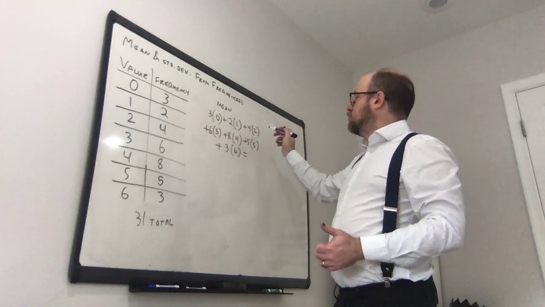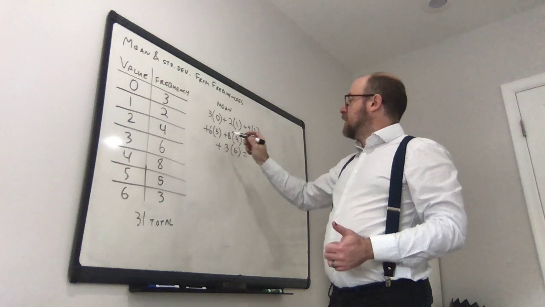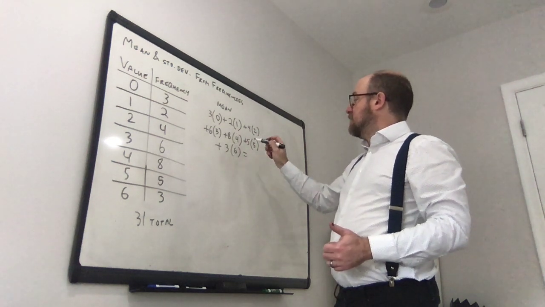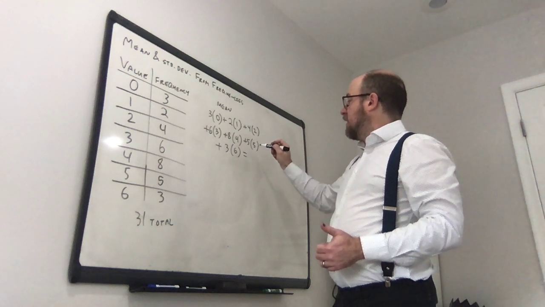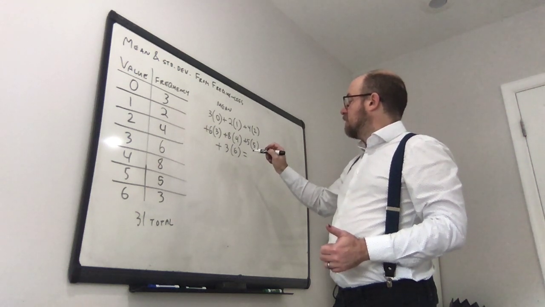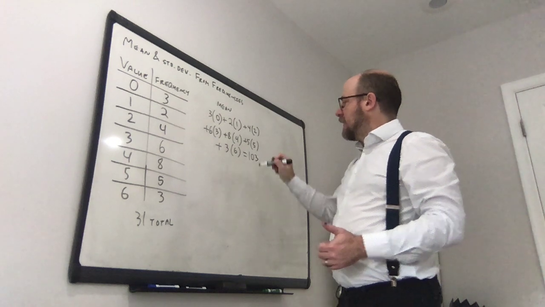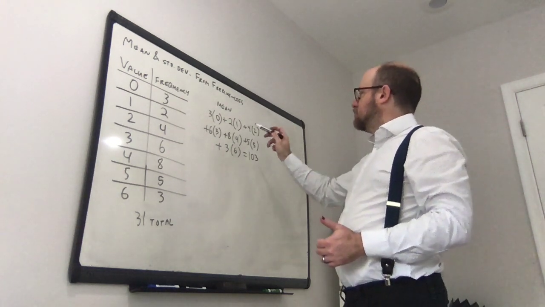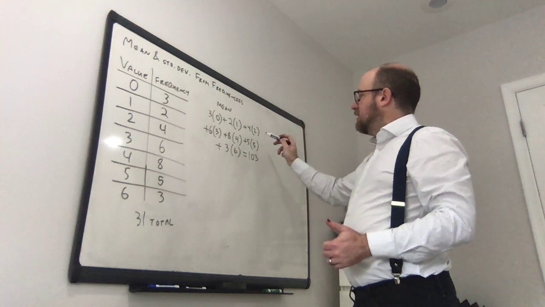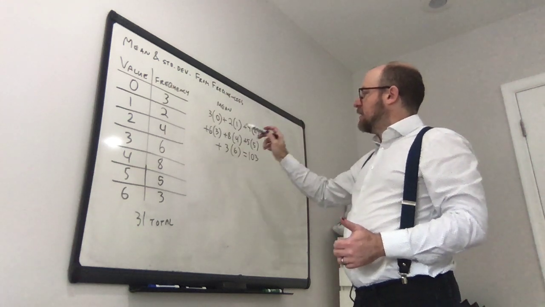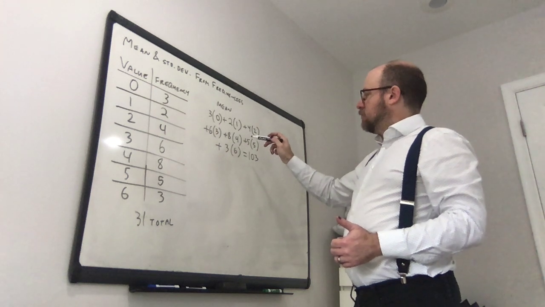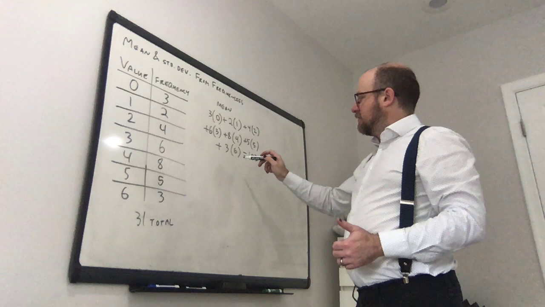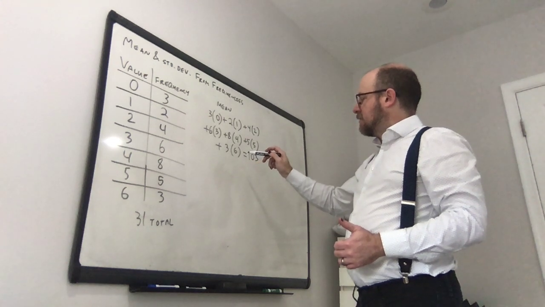So 2, 10, 28, 60, 85, 103, I think is correct. Let me add those up again. 0, 2, plus 8 is 10, plus 18 is 28, plus 32 is 60, plus 25 is 85, plus 18 is 103.